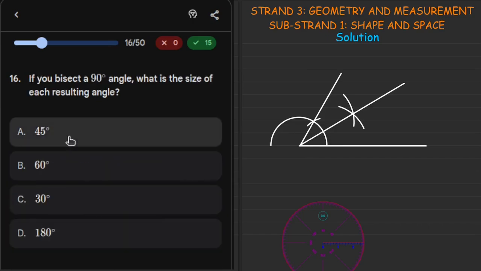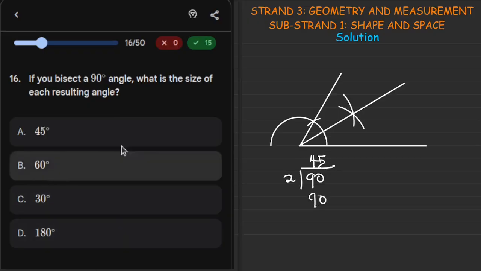Question number 16. If you bisect a 90-degree angle, what is the size of each resulting angle? Earlier on, we said to bisect an angle simply means we are dividing the angle into two equal parts. So if we have 90 and we want to divide it into two equal parts, we are going to get 45, right?